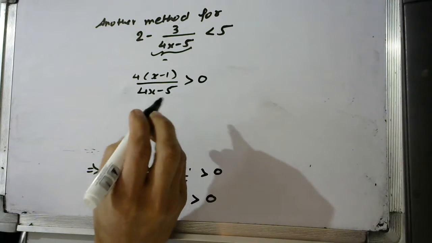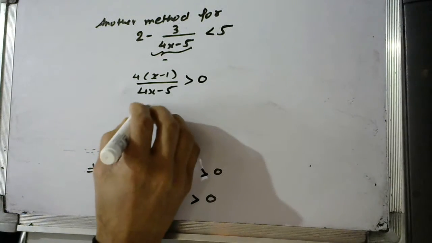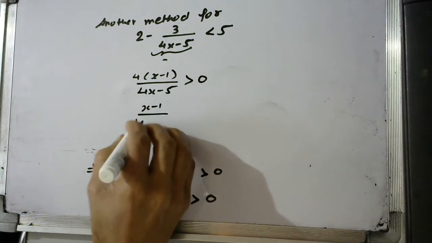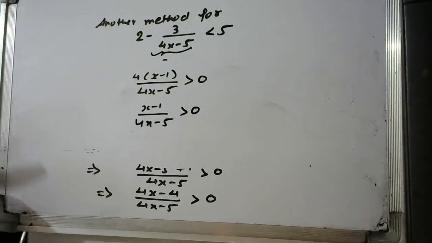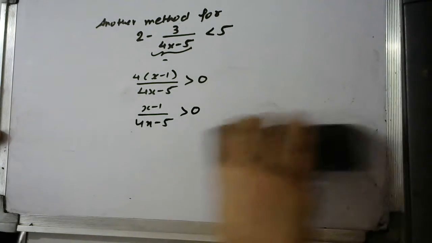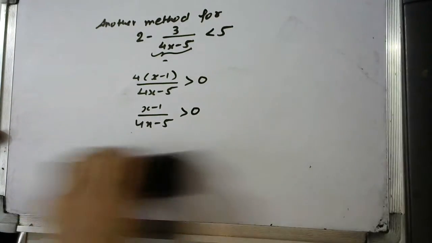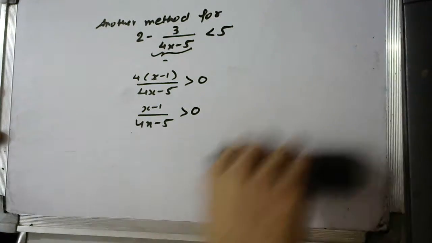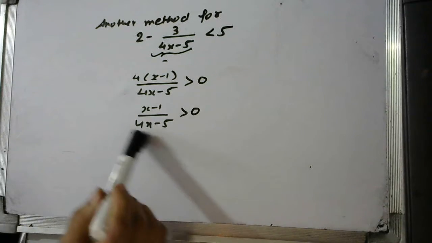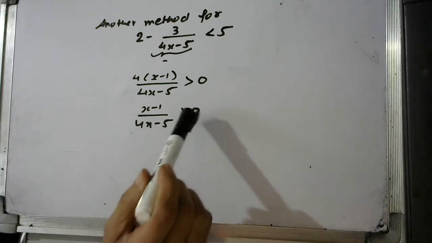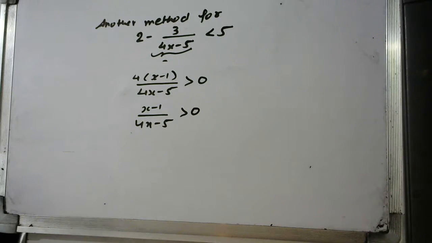Four can be eliminated from both the sides, positive quantity, so won't change the sign of inequation. Now what to do? Basically, I have to decide the values of x for which expression is positive.